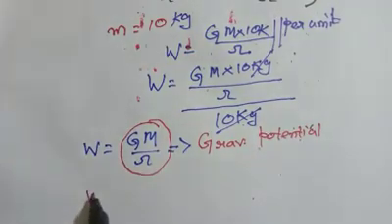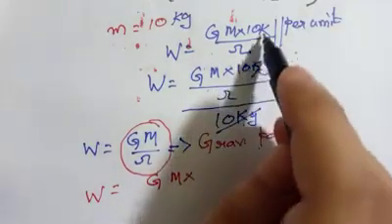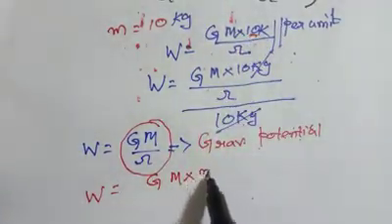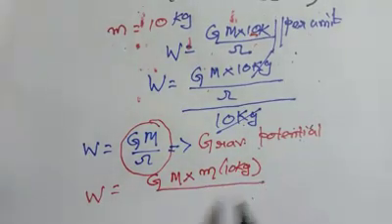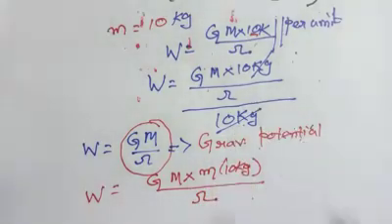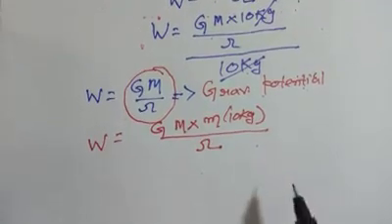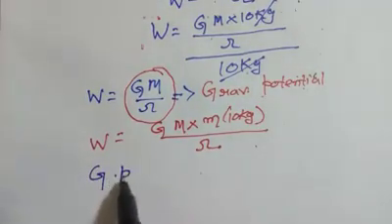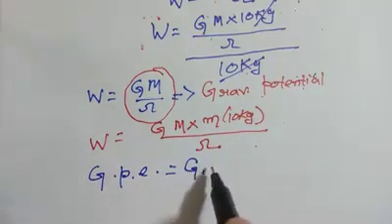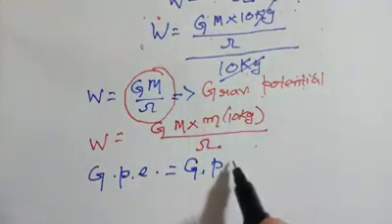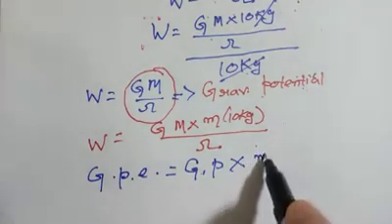So this is the gravitational potential. And what is the gravitational potential energy? We can put it as capital G M multiplied by the mass of the body, that is 10 kilograms here. So we can put it as m, which is 10 kilograms, right? Whole divided by R, right? So we can tell it in other words that gravitational potential energy, if I term it as GPE, is gravitational potential, that is GP, this part, multiplied by the mass of the object.